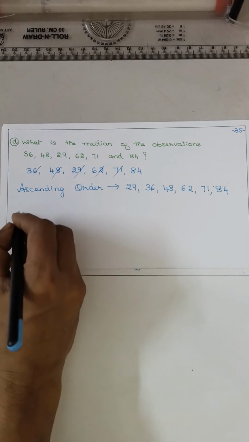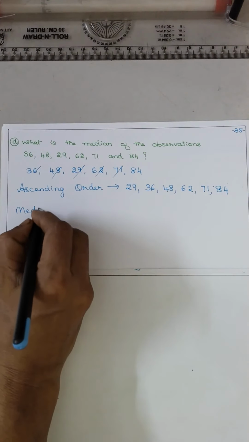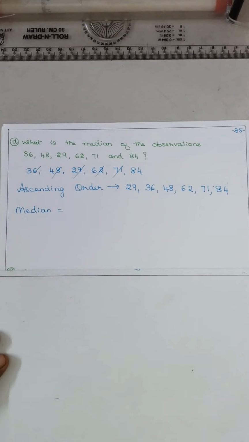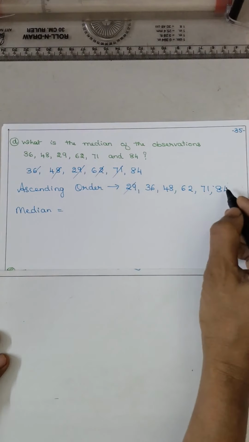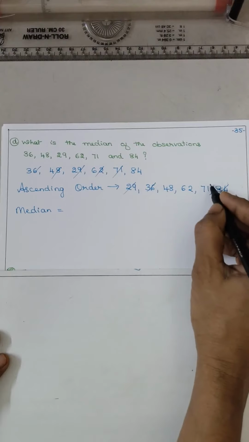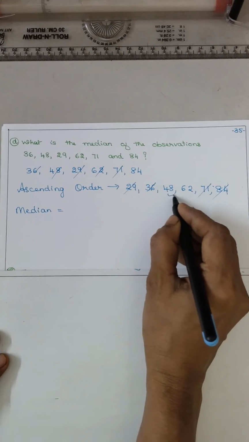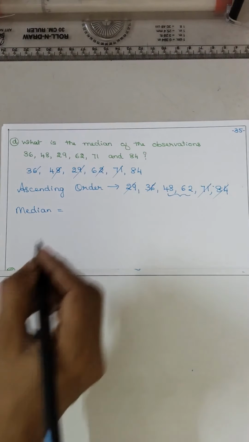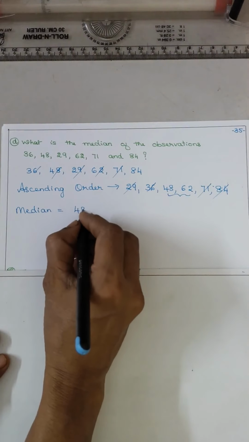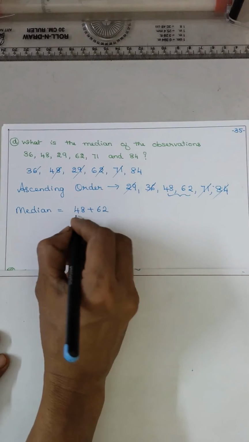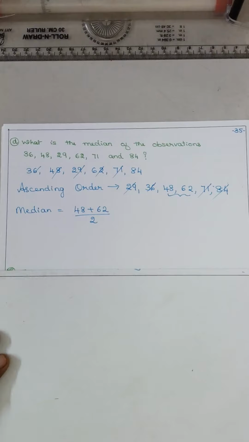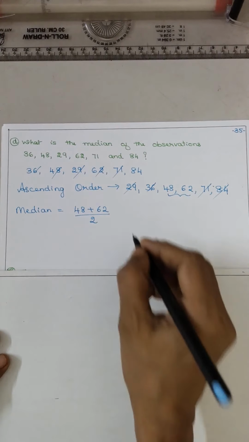Now median. For median, first, last, but now here 2 are there. So 48 plus 62 upon 2. Remember? So you have to add and divide by 2.